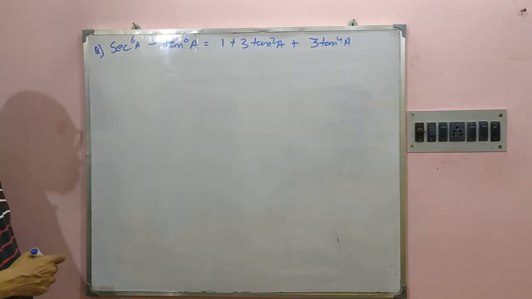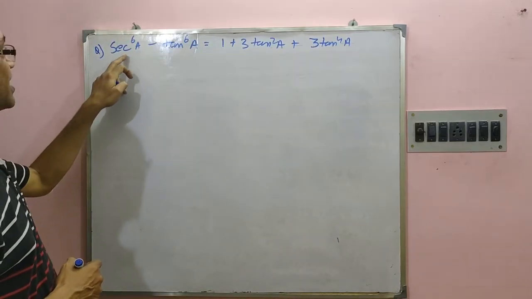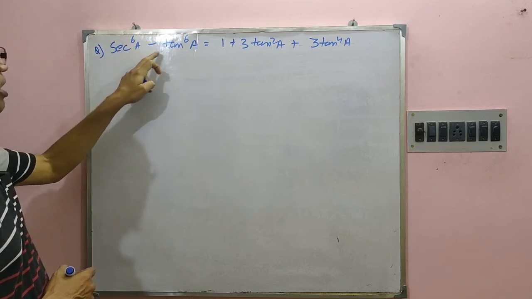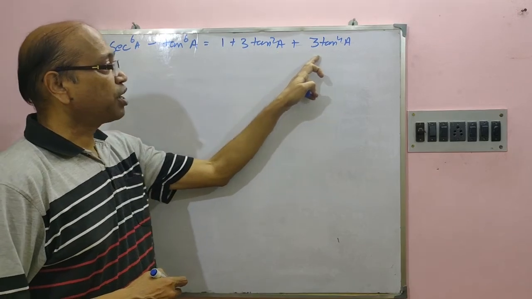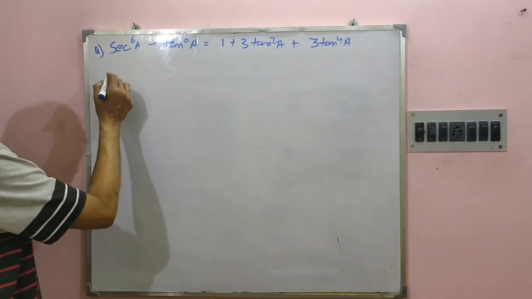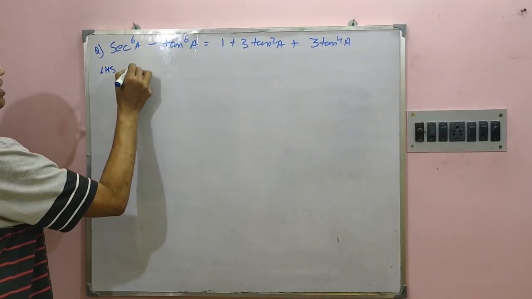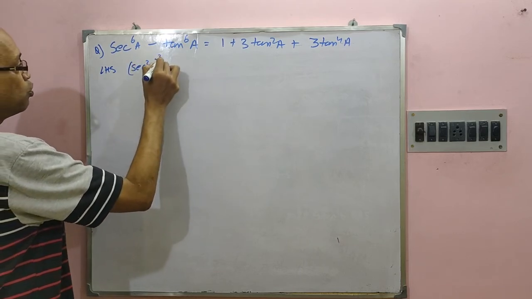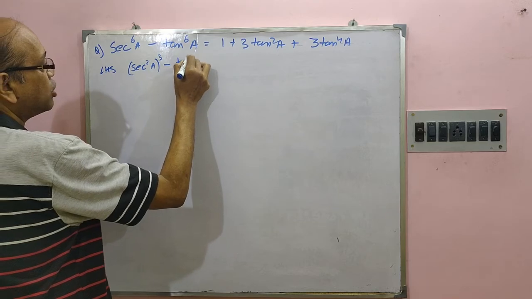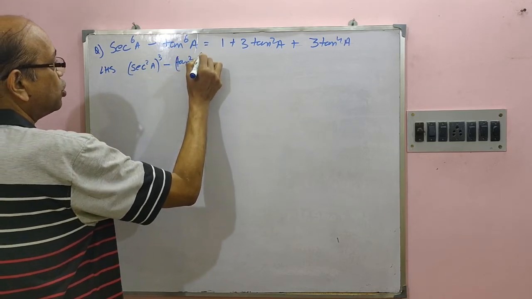Proved. The next question: secant to the power 6a minus tan 6a is 1 plus 3 tan square a plus 3 tan 4a. Here the left hand side can be written as secant square a whole cube minus tan square a whole cube.